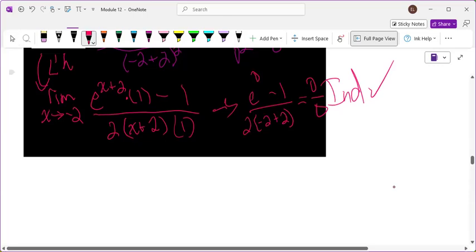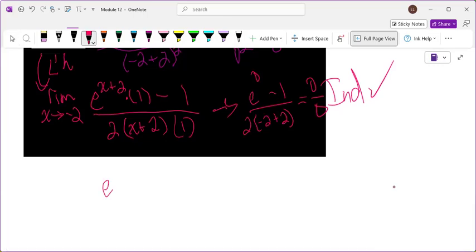So on top, e to the x plus 2, derivative of that is e to the x plus 2. The -1 is now just a constant, derivative of that is 0. Down here, 2 times the derivative of x plus 2 is 1.